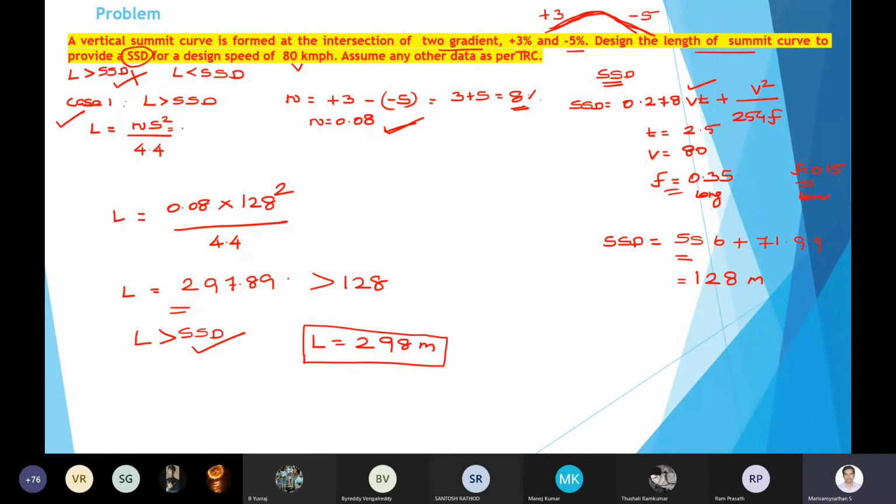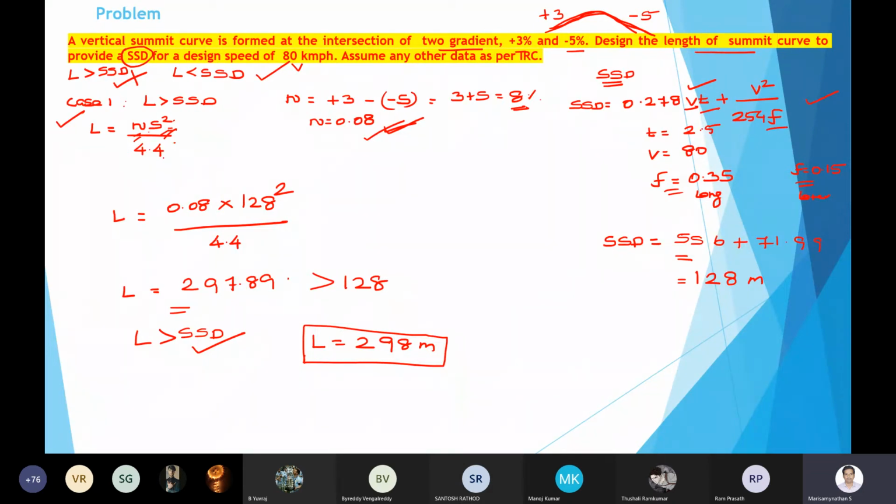In case 1, we assume length is greater than SSD. If it is satisfied, you finalize the length of the summit curve. If not, you go for case 2, length less than SSD, and apply those equations. The first case equation is N into S squared divided by 4.4, where you need the values of S and N. N is 0.08, and S is the stopping sight distance, for which you require the design speed, reaction time and longitudinal coefficient of friction.